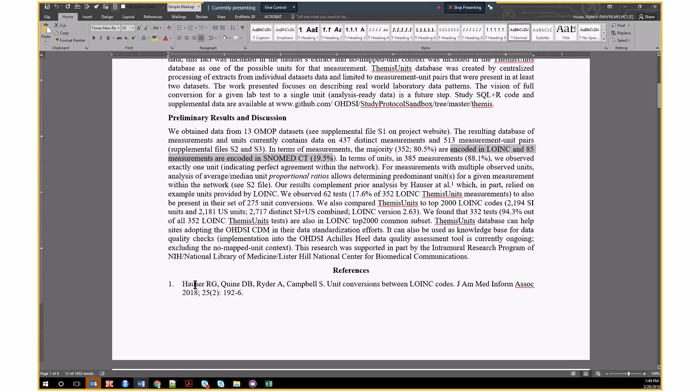One was a study by Hauser at JAMIA, where he looked at conversion between tests, and we compared what we see in the themisUnits database to his work. And we also compared the themisUnits database to the LOINC top 1,000 common lab tests. And in the publication, or in the poster abstract, we provide more details about that comparison.